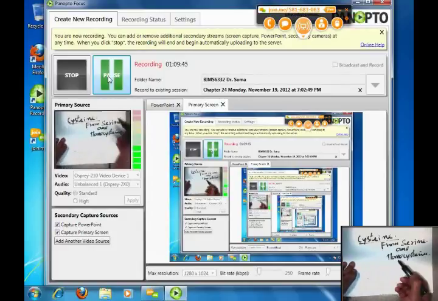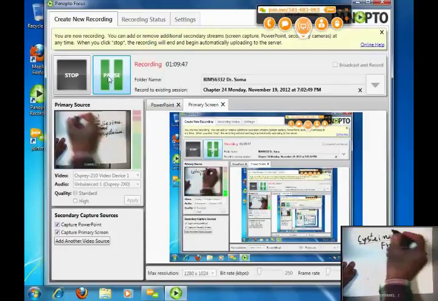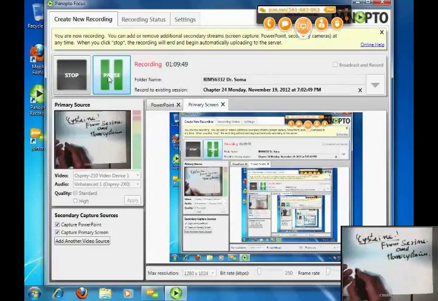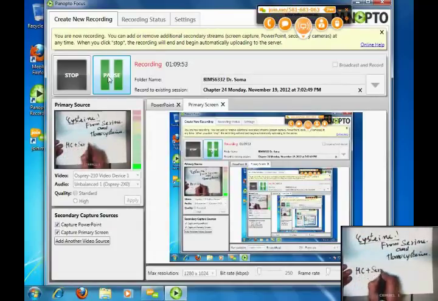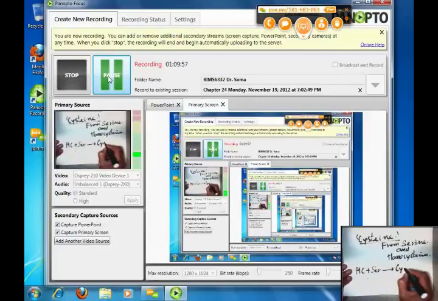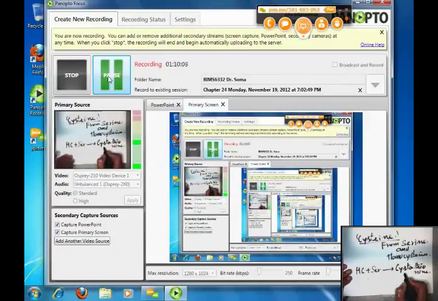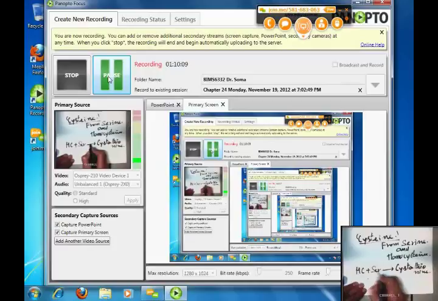Now homocysteine and serine produce cysteine. Homocysteine plus serine produces cystathionine, C-Y-S-T-A-T-H-I-O-N-I-N-E, and during this process it will eliminate water.